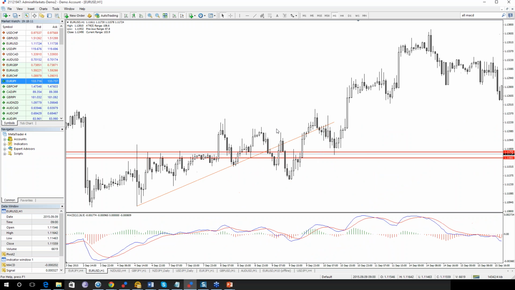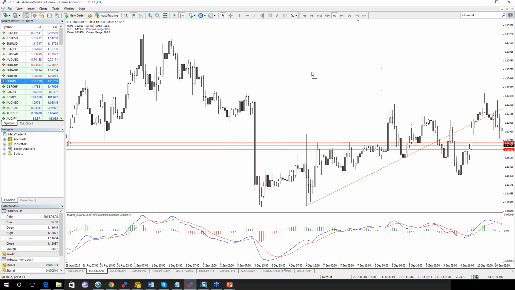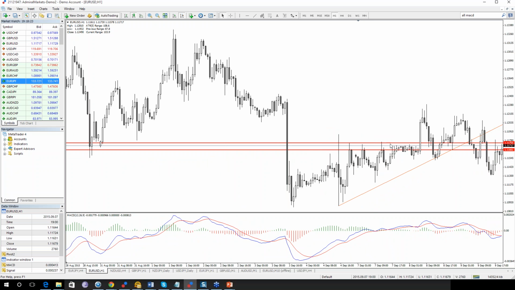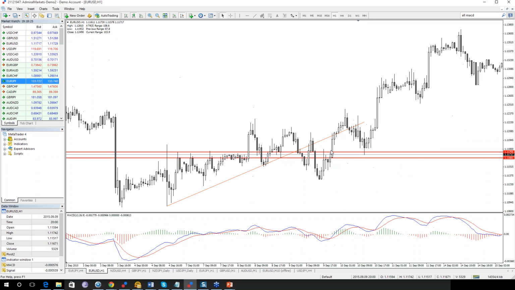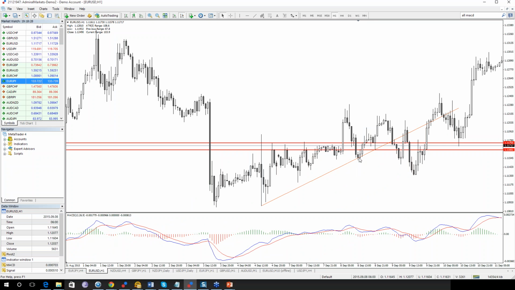Okay, uptrend. And next rejections here. This was a fake breakout. And look at the next rejection here, straight from the zone. And look, everything which price did all this time happened within the zone. That is why I'm always saying trade in the zone, not outside of it.